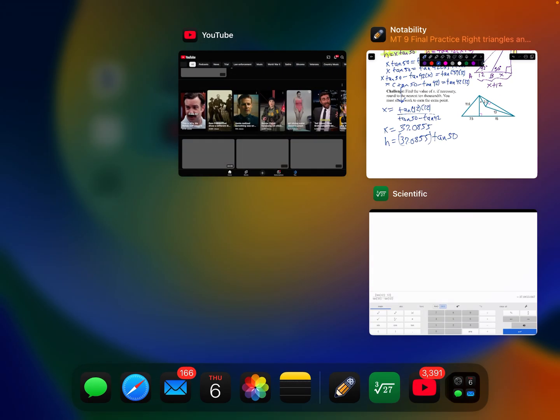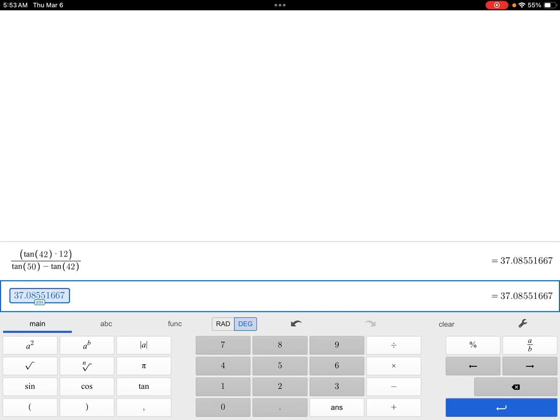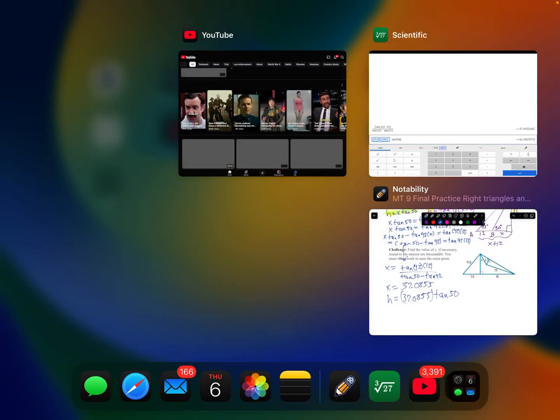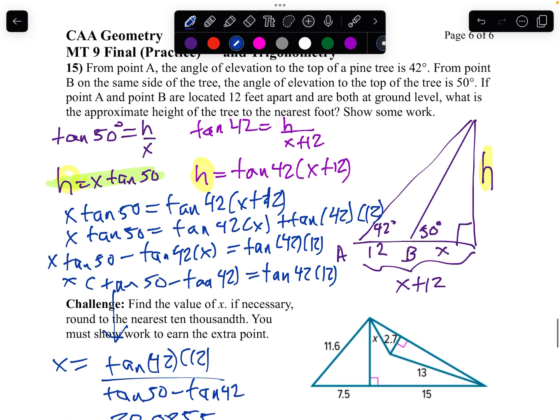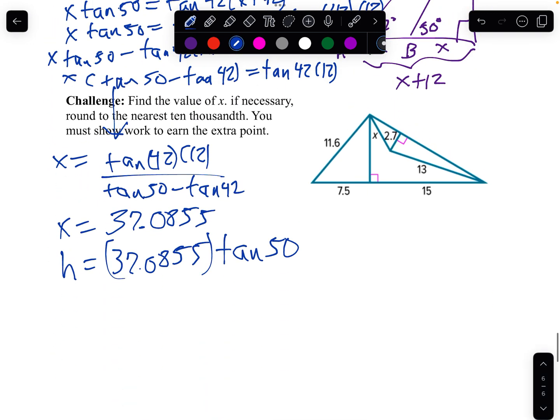So let's leave that in your calculator, and we're going to take that times the tangent of 50, and we get about 44.1968. But I think, what does it say, round to nearest foot. So we're going to say h is 44 feet.